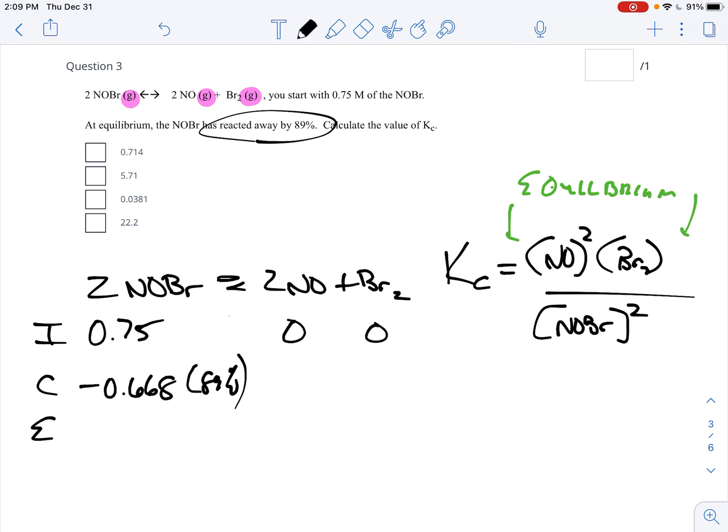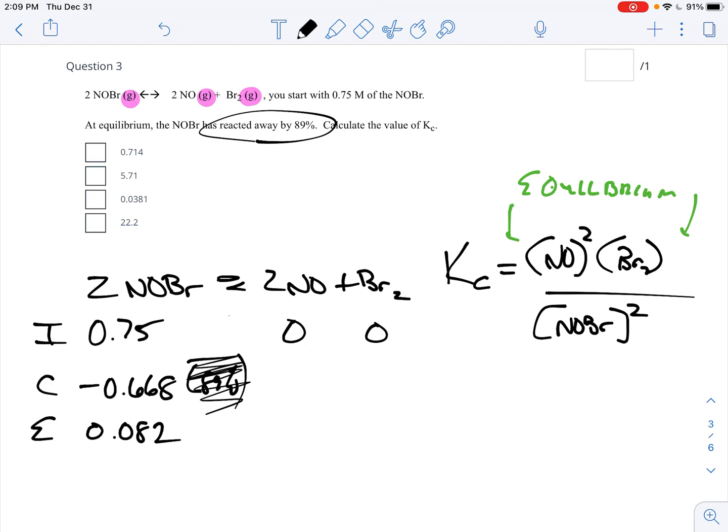So we're going to lose that. So that means we lost 0.668. So 0.75 minus the 0.668 gets us 0.082. So this is 0.082 that is there, right?